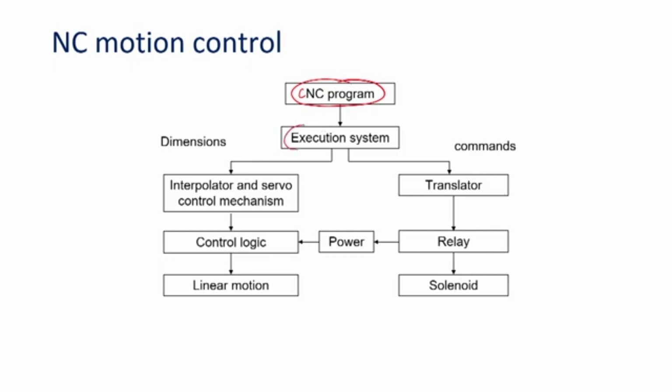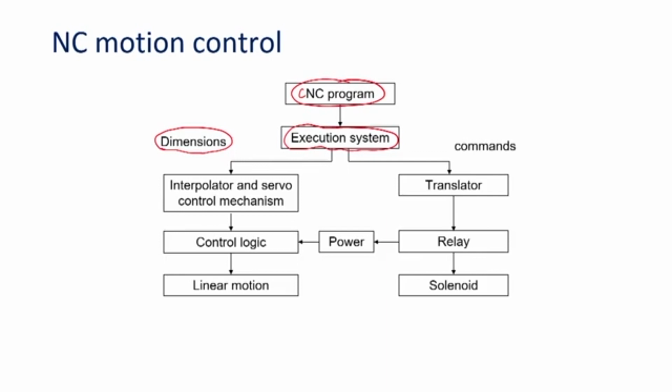And the second one is, it is executing certain commands, carrying out certain operations according to commands. These commands are like open, close, start, stop. All these are related to certain operations like shutter open, shutter close, or application of laser beam, or starting the inert gas, or turning off the inert gas.